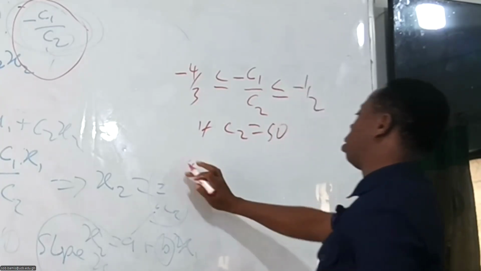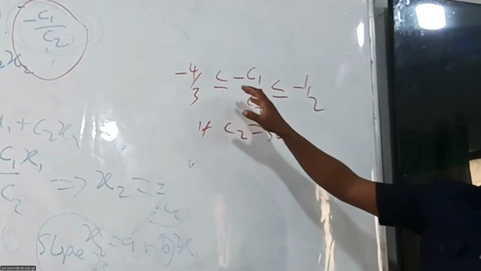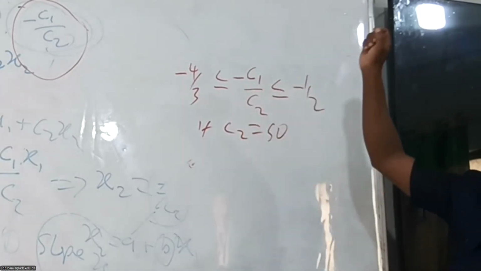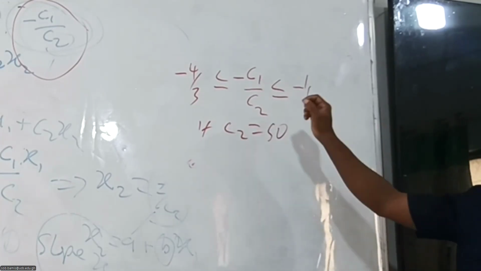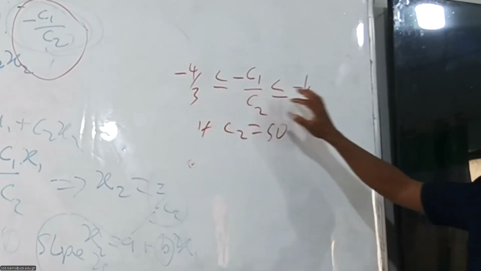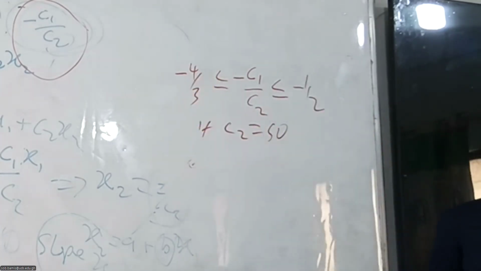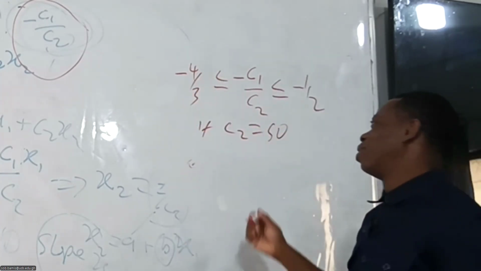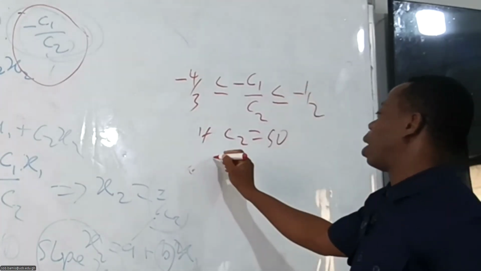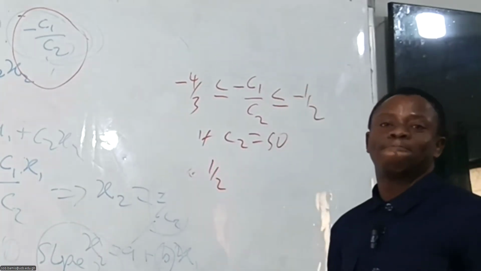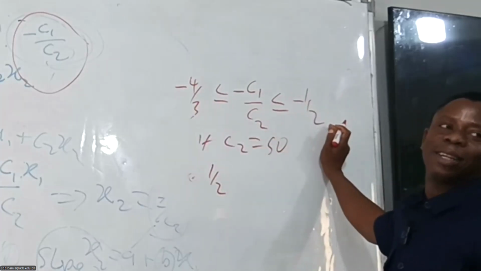But before then, because I know from experience, some people, once they see negative, their blood pressure rises. So in order to solve that problem, multiply this entire equation by negative half. Once we multiply by negative half, it will now be half, because this one will now be greater than it.